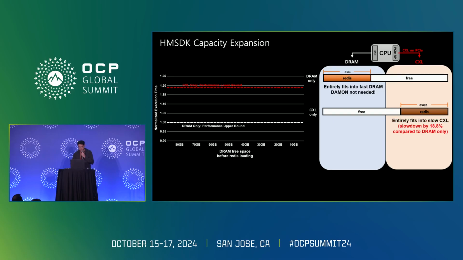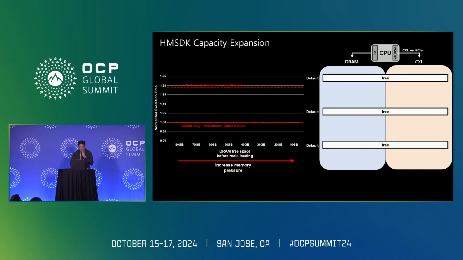In terms of slowdown, it has 18.8% compared to DRAM only in this evaluation. So there is a DRAM performance upper bound and a lower bound, and this is the performance range unless the target workload is bandwidth hungry, so we will see the performance results in this area.